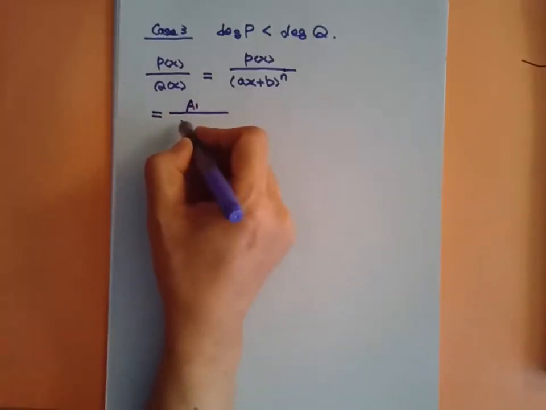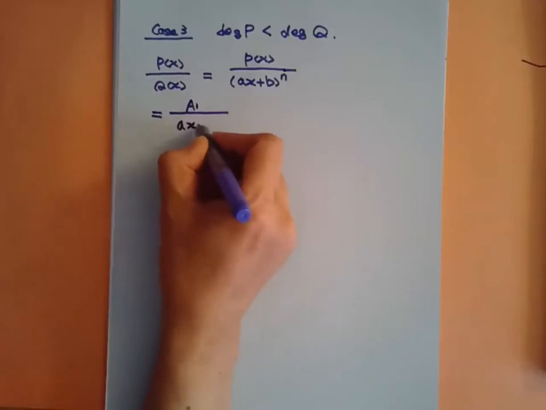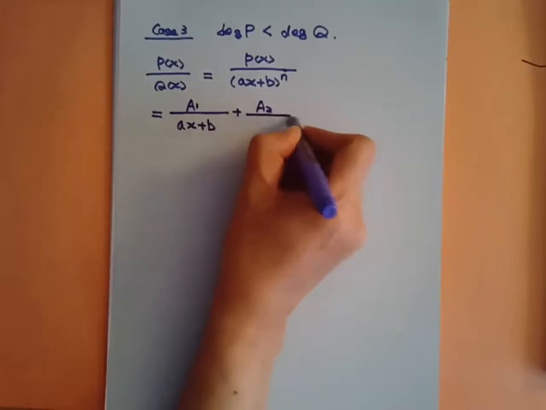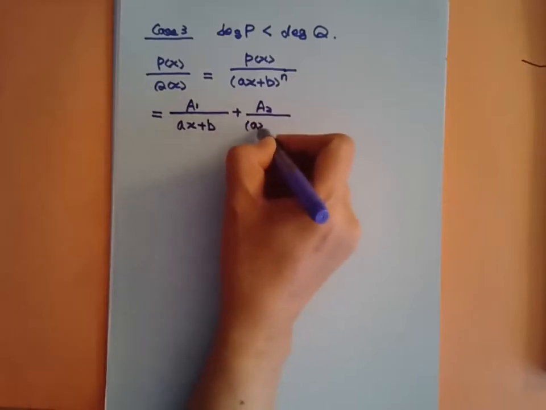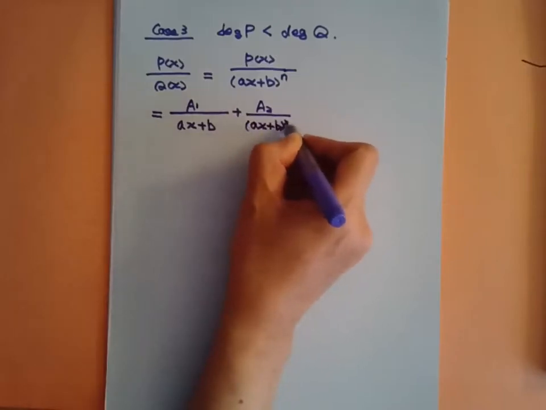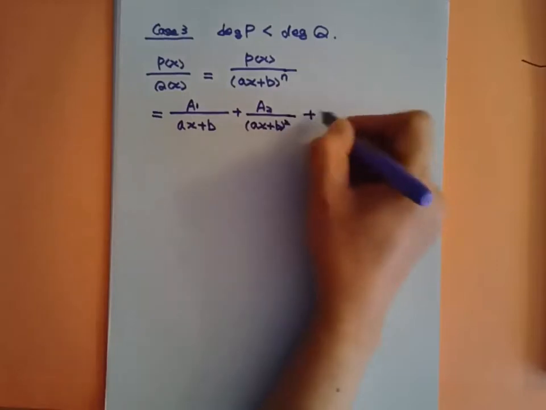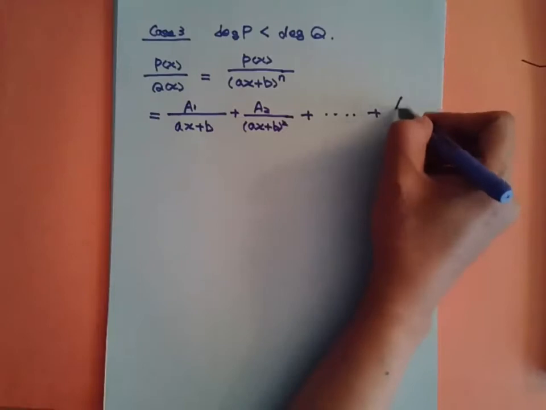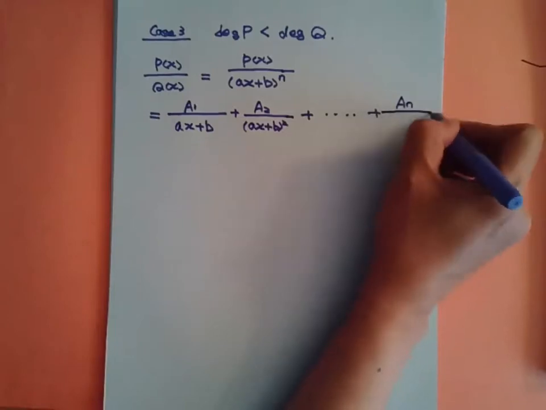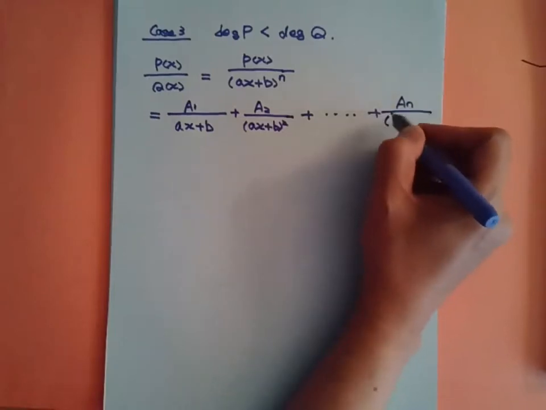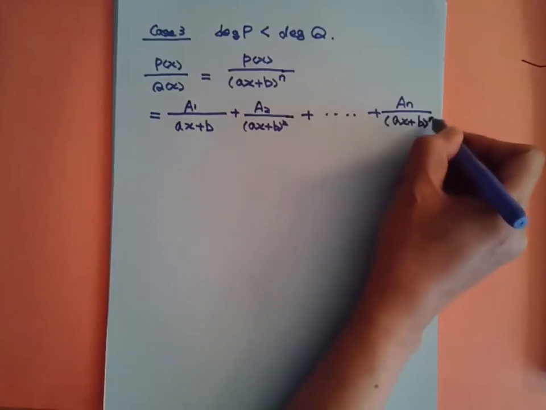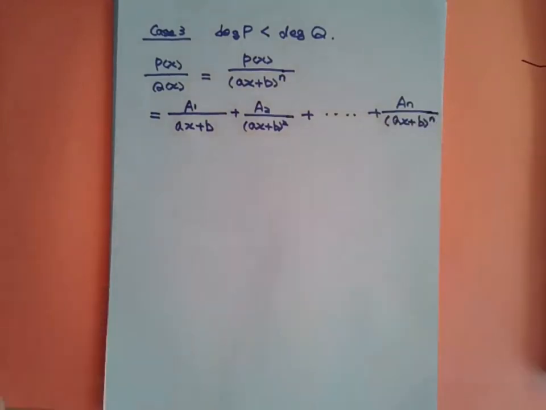So A1 over AX plus B plus A2 over AX plus B squared plus, and so the denominator degree will keep on going until it becomes the highest degree. So AN over AX plus B to the N power.